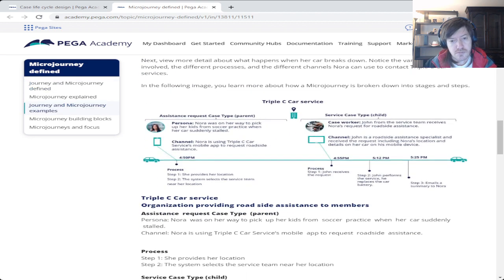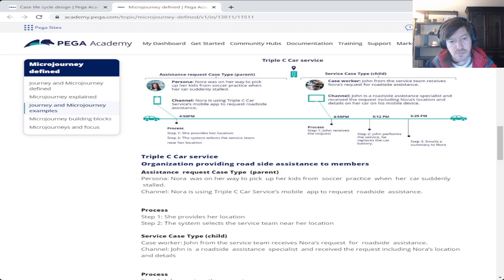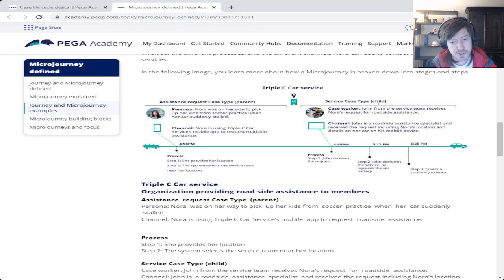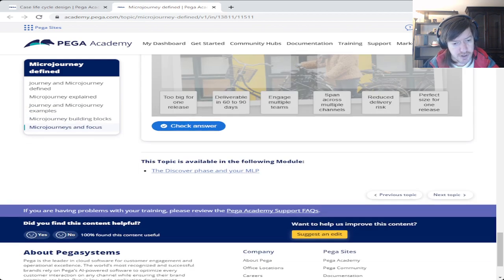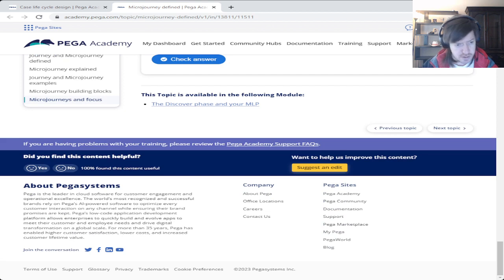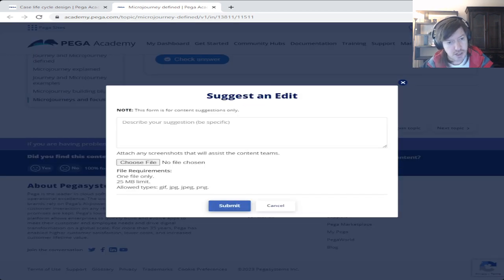So they really need to redo this image. Oof, this is a problem. They really need to fix this. Matter of fact, I'm half inclined to suggest an edit. Oh my gosh.